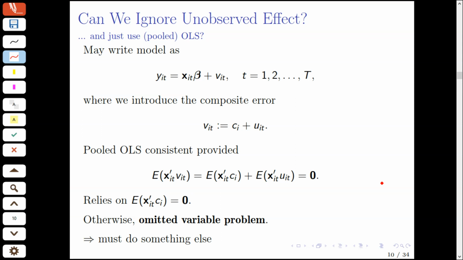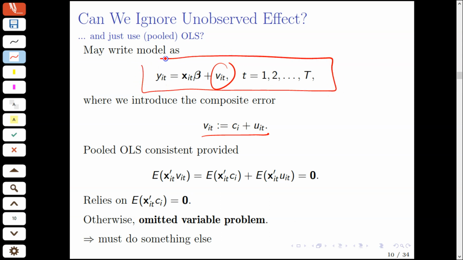Now for answering this question, it may be convenient here to just collapse the error term of the model and introduce this composite error, v_it, as the sum of c_i and u_it. That allows us to write our previous linear unobserved effects model for panel data in this manner.